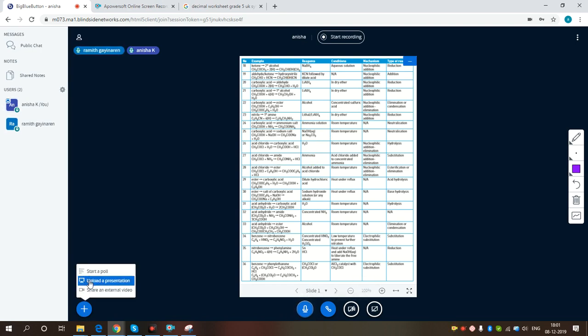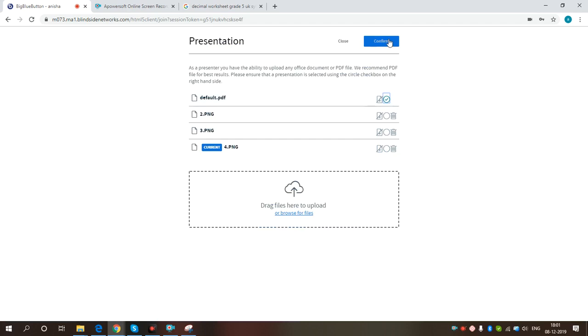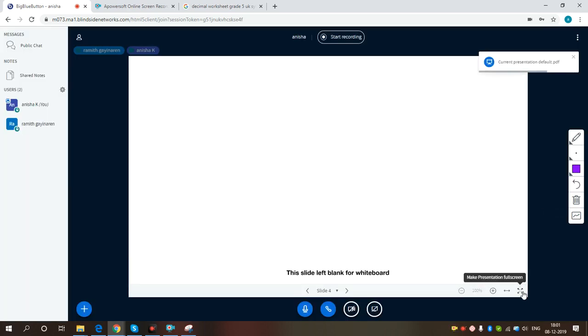Now, with the help of these tables and the explanation, that means we have examples, reagents and the conditions, there might be questions.